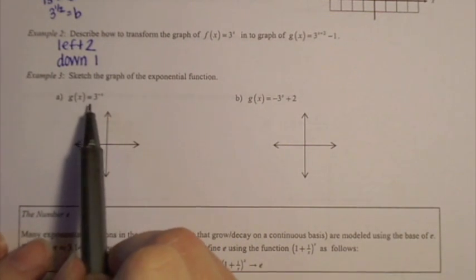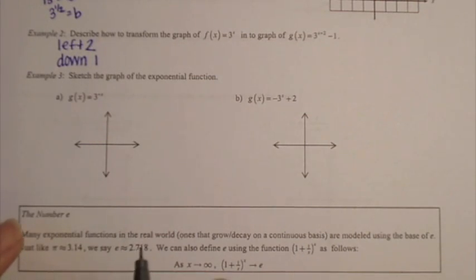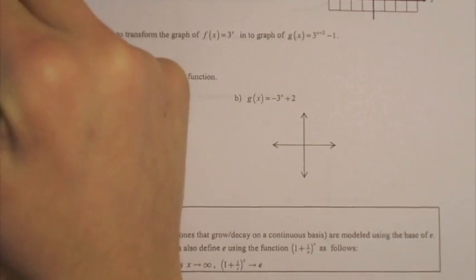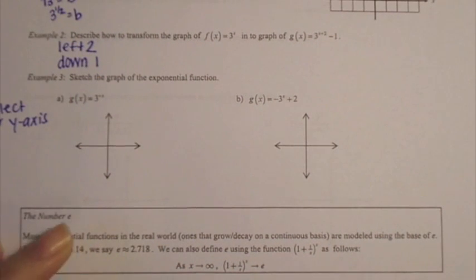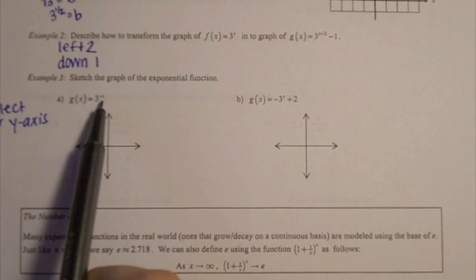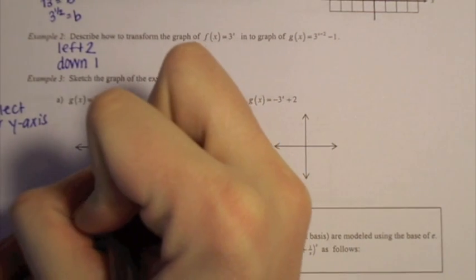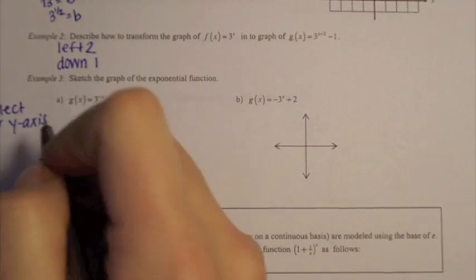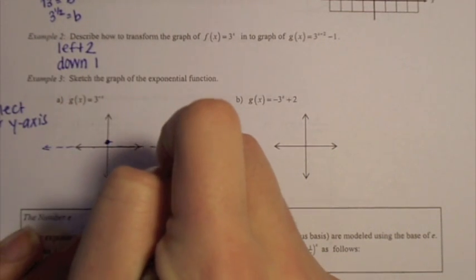Now let's try sketching a graph of an exponential function using these transformations. Here we have g of x equals 3 raised to the negative x. This means we will reflect over the y-axis. We also have the point 0, 1 since if we put in 0 here, we'll have g of x equals 1. So here's our point 0, 1. We have a horizontal asymptote at y equals 0, which is characteristic of exponential functions.